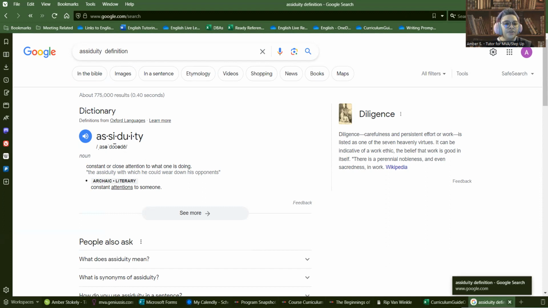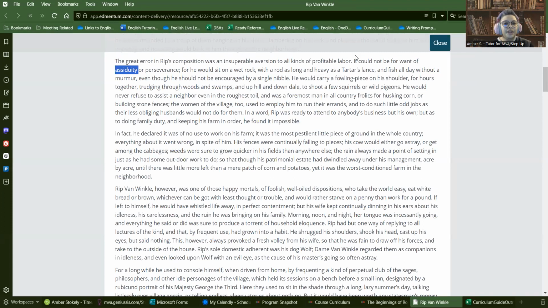So basically, assiduity is paying close attention, having focus. So it says it could not be for want of that focus, right? Or perseverance. So like persistence, pushing through. So basically, the issue isn't that he can't focus on anything or he doesn't have the attitude to do anything. It's not about what he can do.